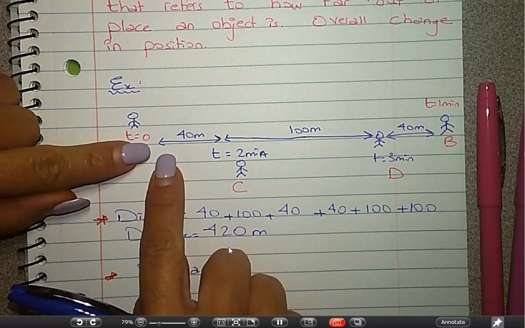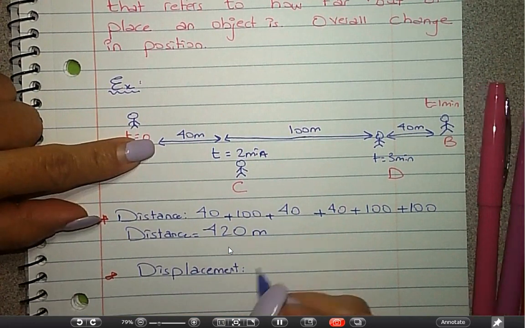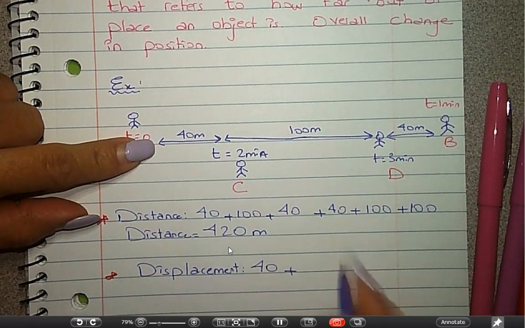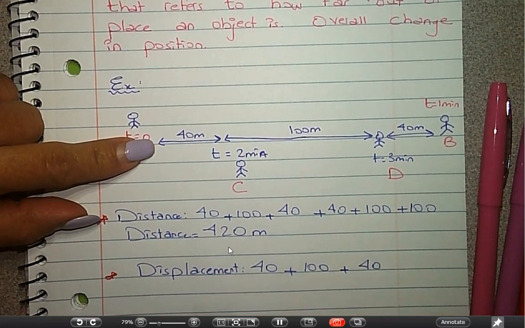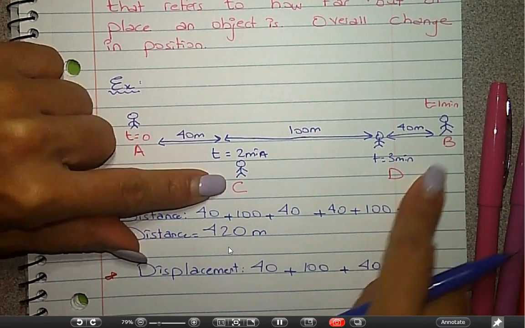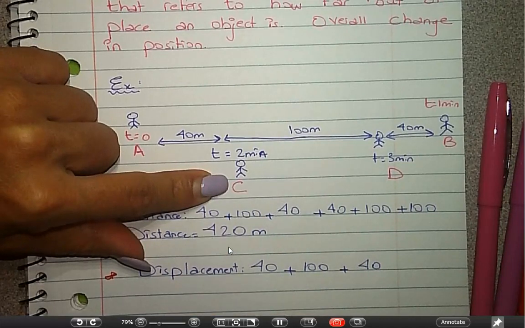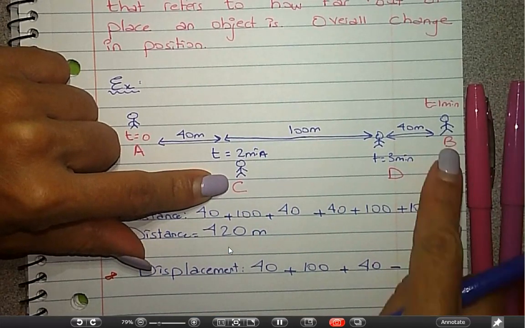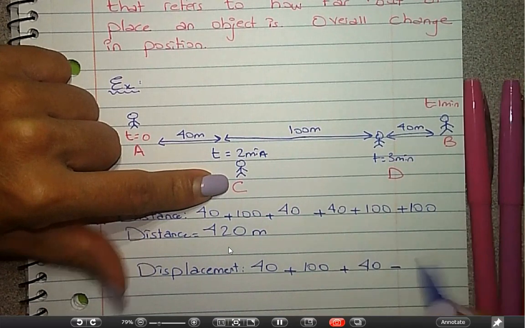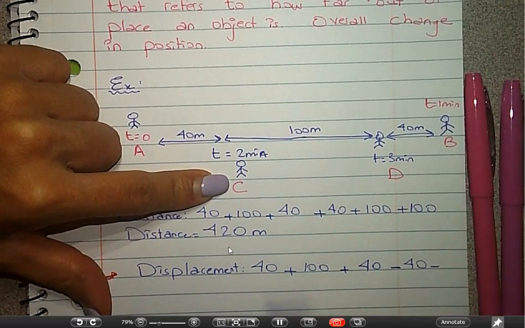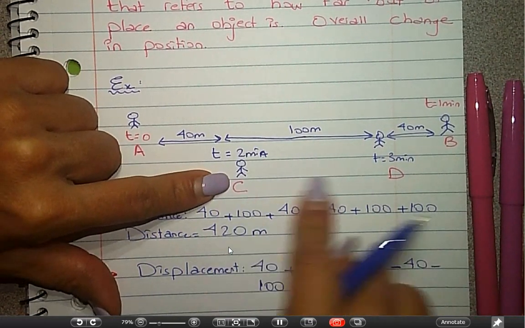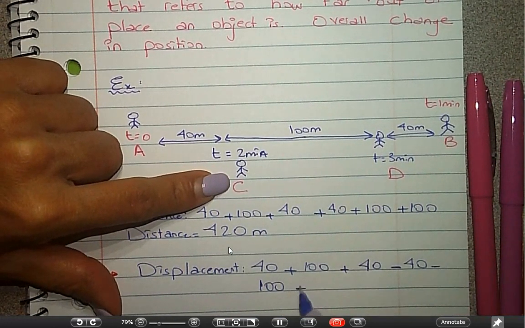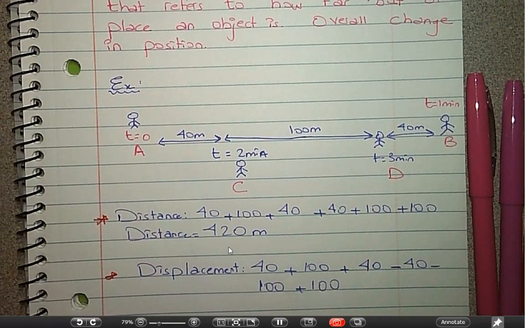So it went 40 plus 100 plus 40, and then it went in the opposite direction, which means minus 40 minus 100, and then it went again in that direction, which would be plus 100.